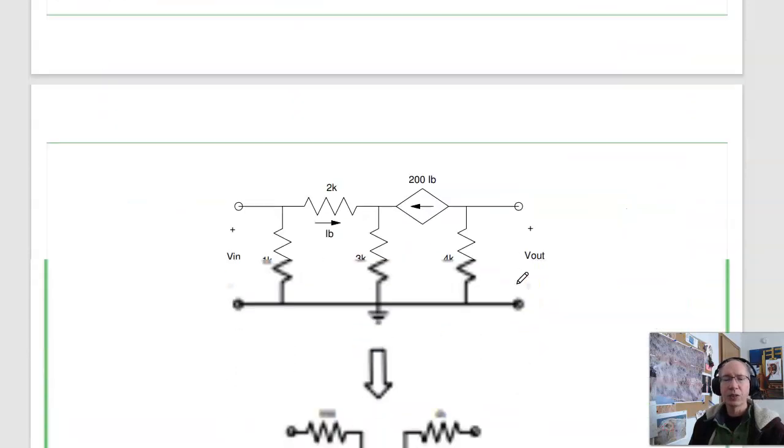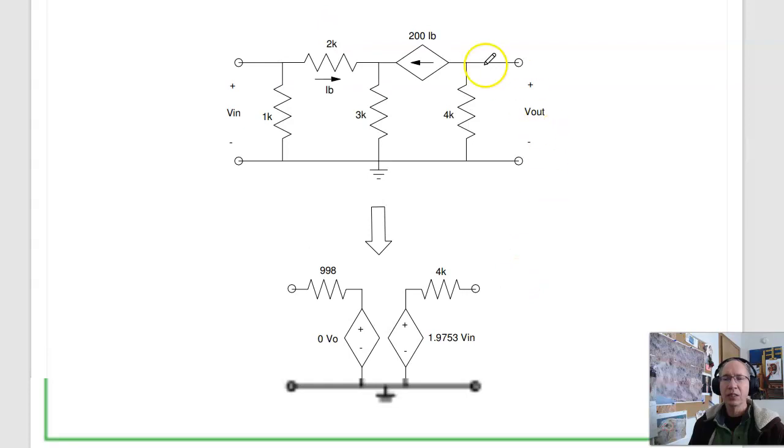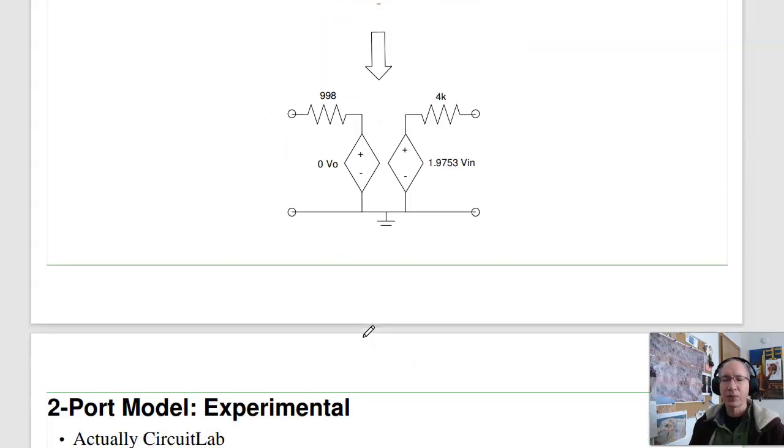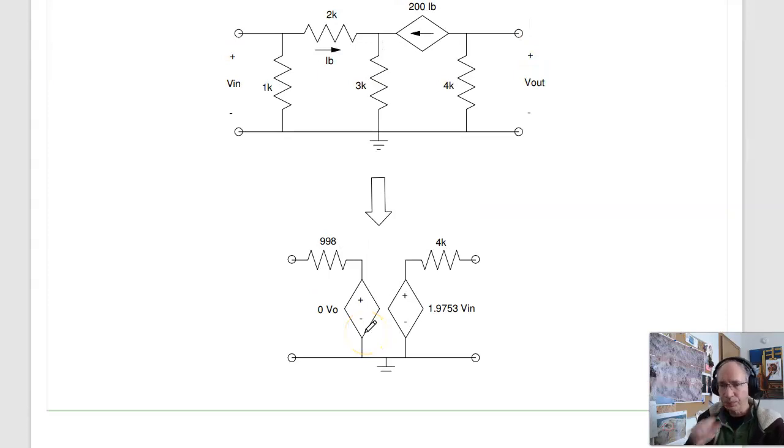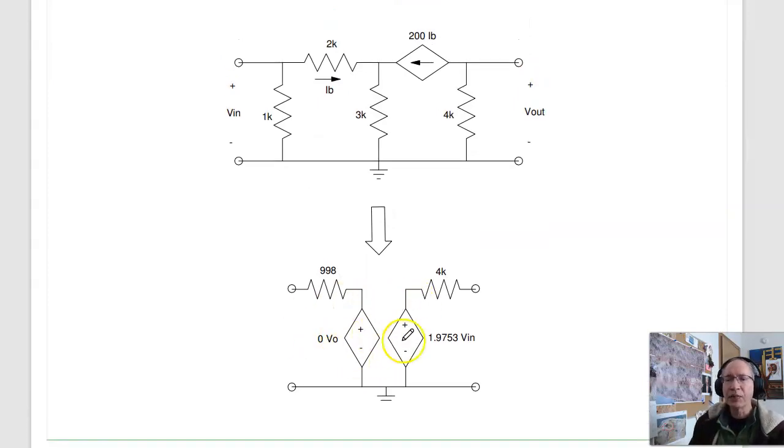So the two-port model, this mess, which is kind of hard to analyze, is this mess, which is actually a whole lot easier to use. And this is getting ahead of ourselves a little bit. The reason for doing that is this is actually really easy to cascade.